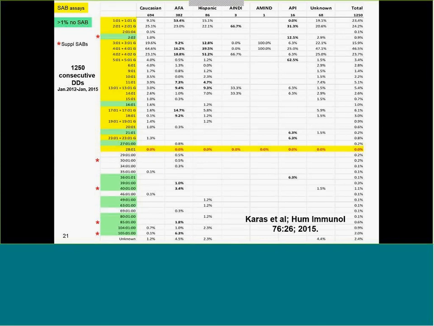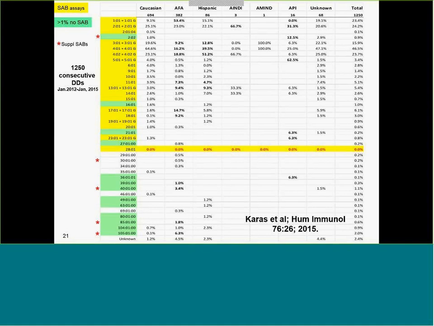Here's some data on this next slide that we published a couple of years ago with a student we had in the lab, Aaron Karras. He looked back at about 1,250 of our deceased donors typed here at Emory, and we did a little bit of analysis. First of all, we calculated the frequency of occurrence of the DPB1 alleles as a function of the different ethnic groups that we had as donors in the Atlanta area.